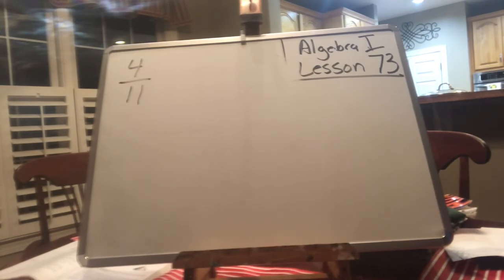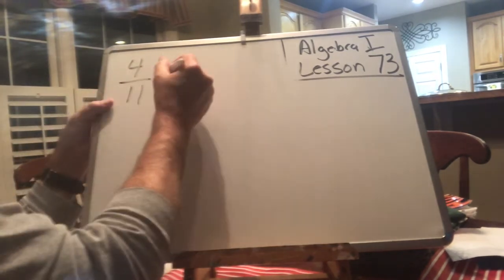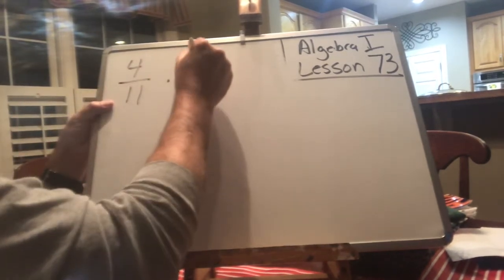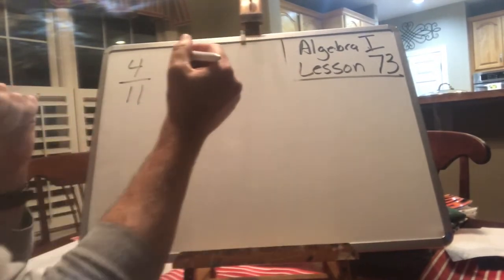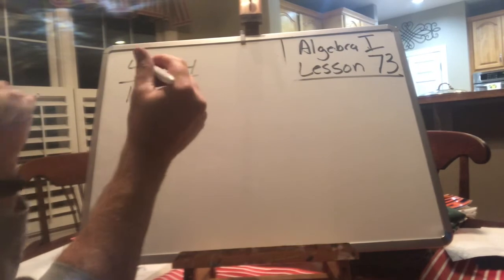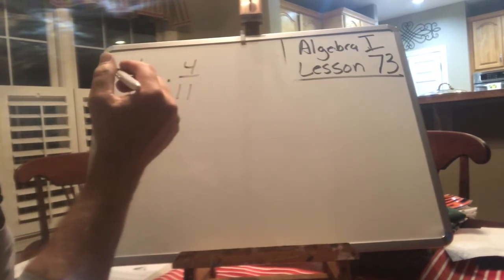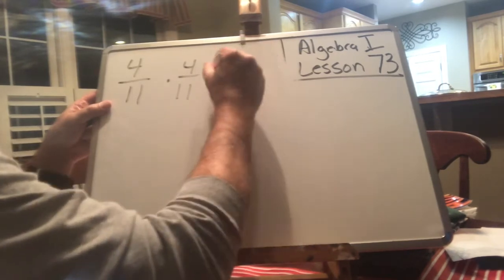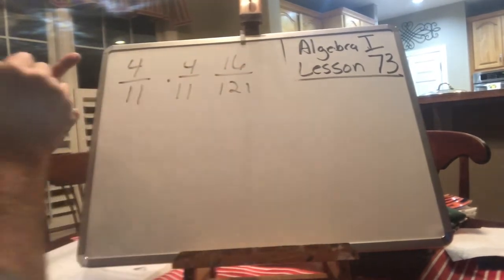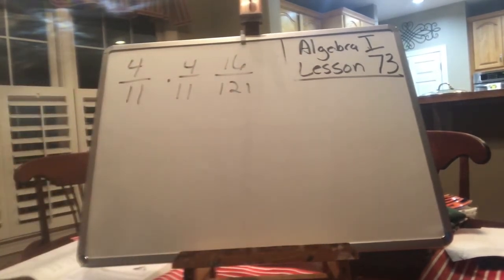Since the red marble is replaced, you got a 4 in 11 shot, then the red marble is replaced, you're going to have the same odds, 4 out of 11. And your final odds would be 16 out of 121. That's your chances, right?